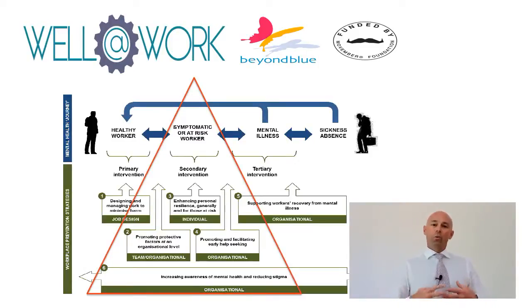What we did is we took those people who were well, we used a cut-off on the SF36 mental component summary score. We took those people who were well at time 1, we followed them up over a year within this data set to evaluate who became unwell at time 2. We followed the TRIPOD recommendations for developing a risk algorithm by splitting the data set into a training data set and a validation data set.